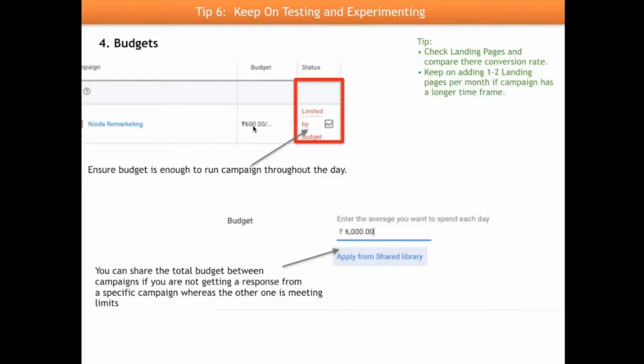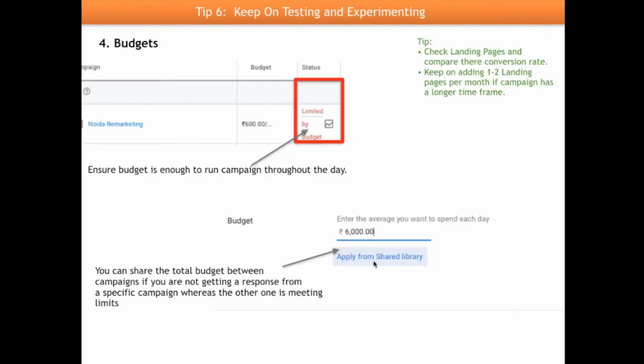And there could be certain campaigns that are running well and certain campaigns that are not exhausting the budget. So there is an option of a shared library in which the same budget can be shared among different campaigns based on the exact usage. If you don't know how much, some campaigns might be spending 500 rupees, others might be spending $1,000, others $3,000.